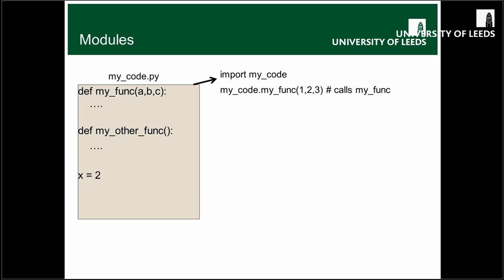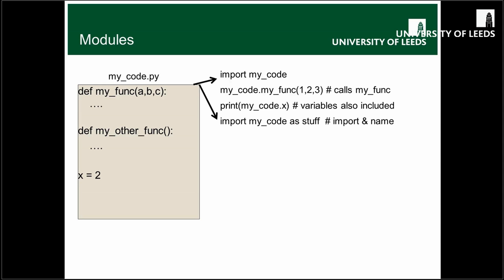And it makes them available in your program as mycode dot, and then the name of the function or the name of the variable. So mycode.myfunc ends up calling myfunc from mycode.py. And likewise, you can print mycode.x, and it says, okay, go and get the value of the variable x that was defined when I ran that code.